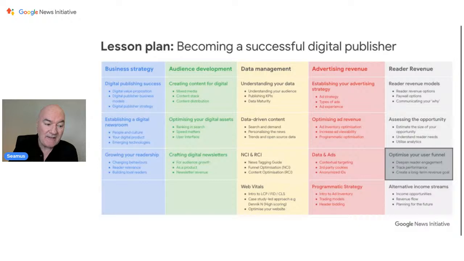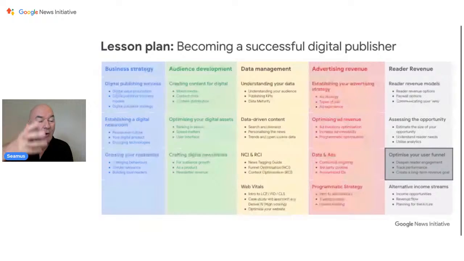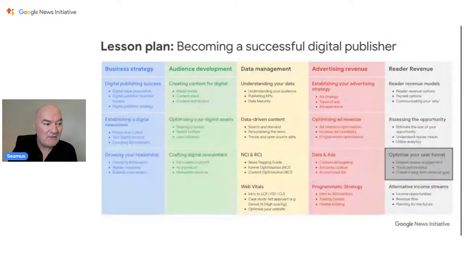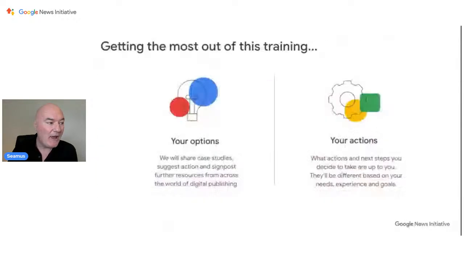So the opportunities, generating the revenue flow, planning for the future. And as you can see there, it's part of this whole suite of lessons as part of this Google News Initiative project. We're looking at business strategy, audience development, data management, advertising revenue as well. So lots of important topics that we're taking a look at.